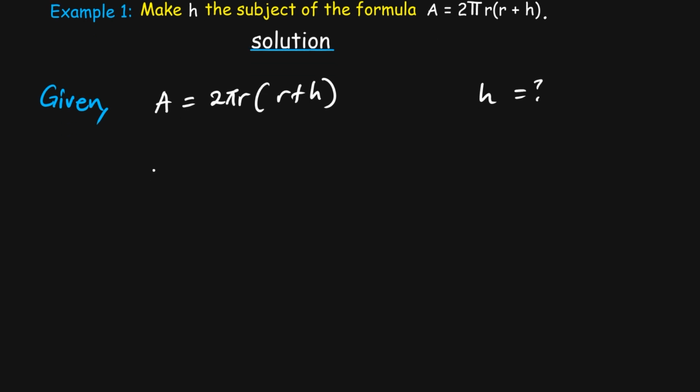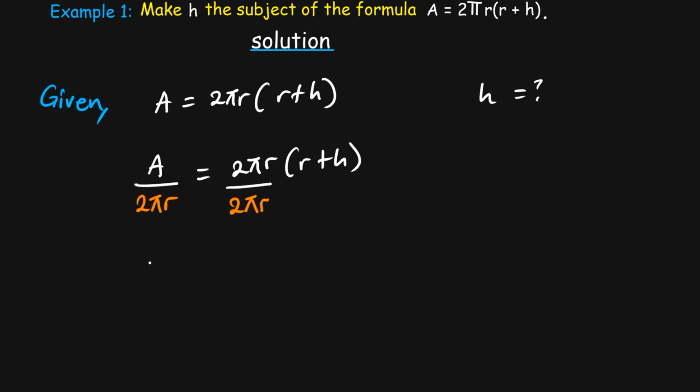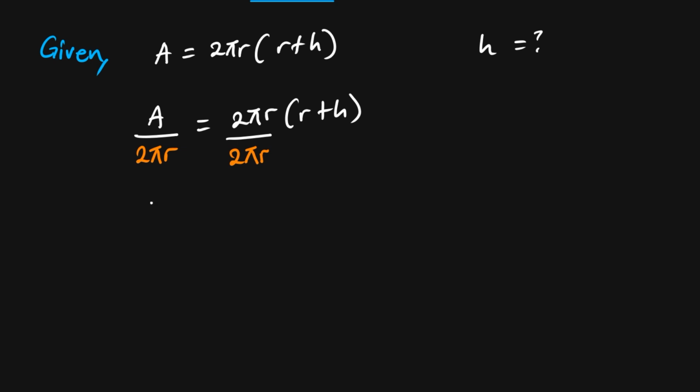So this becomes a over 2 pi r equals 2 pi r into r plus h over 2 pi r. And this is the same as a over 2 pi r equals, this cancels with this, so we remain with r plus h.